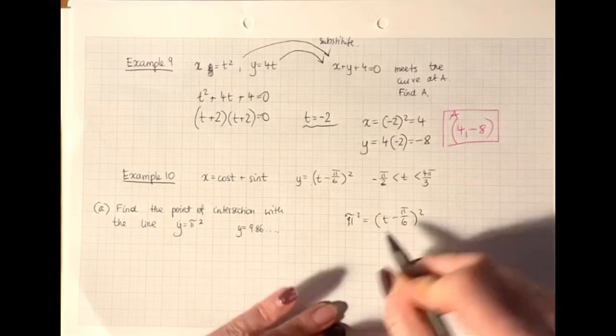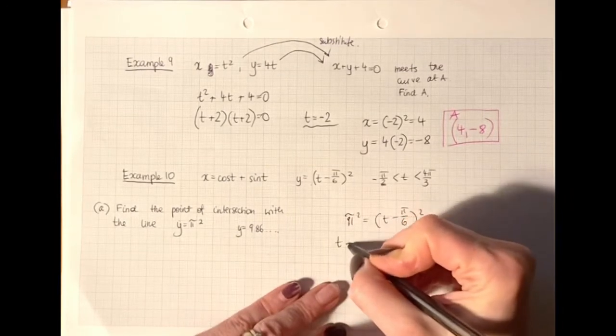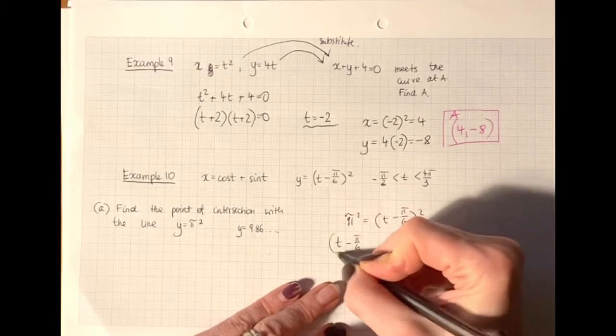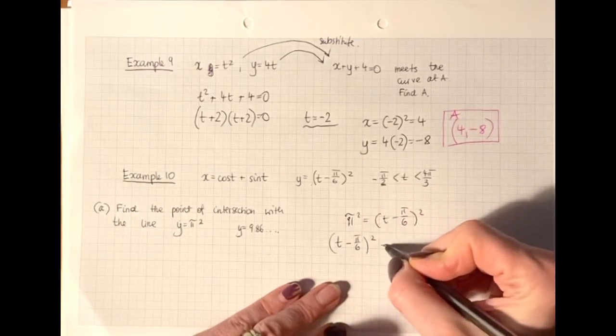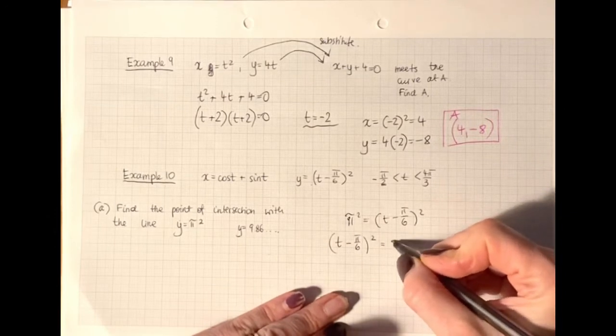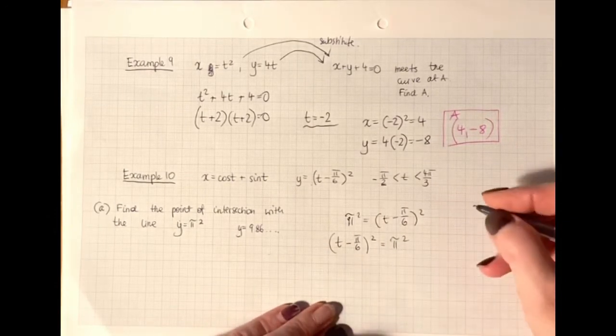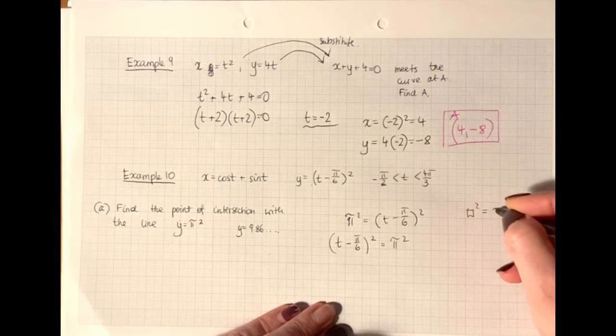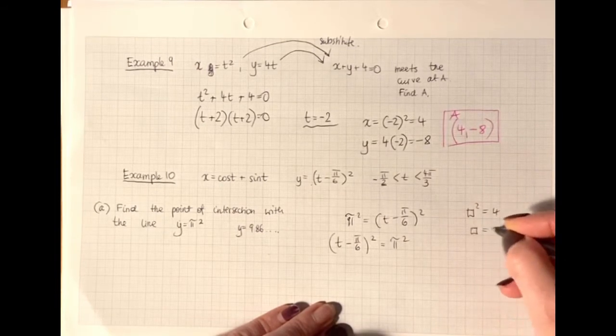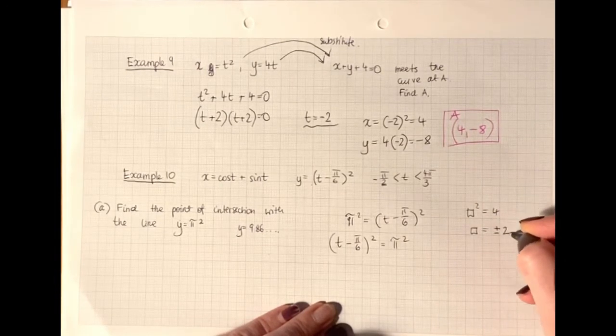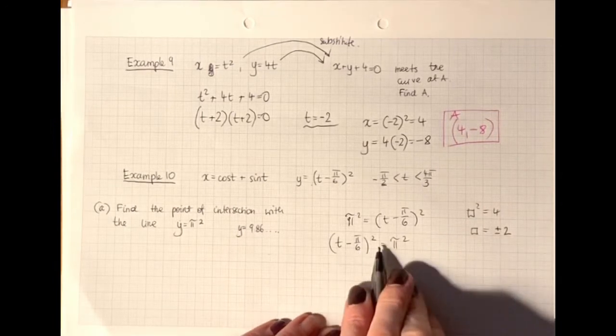You need to be very careful when you do this because let's just imagine you are trying to solve it, getting exact answers. So if you've got something squared is equal to 4, then that something is going to give you plus and minus square root of 4. So this is a very similar thing.